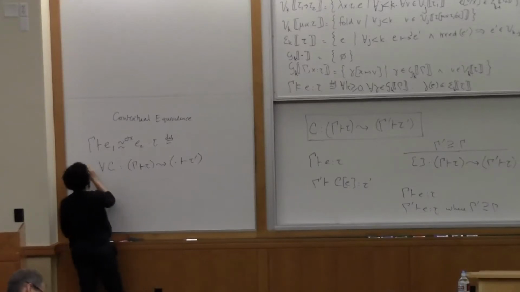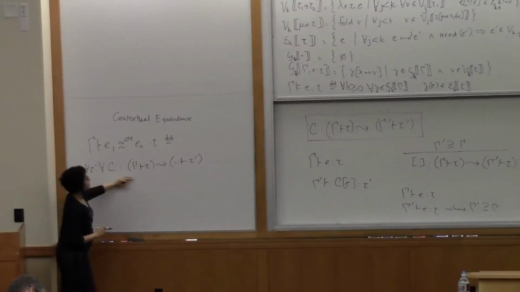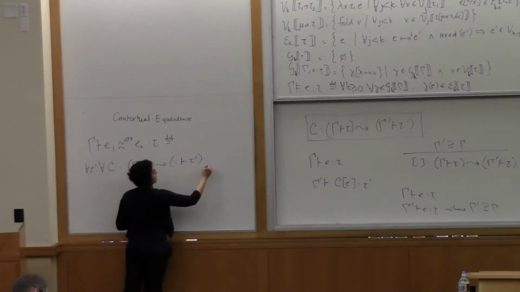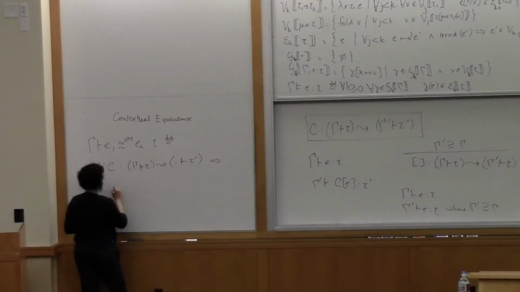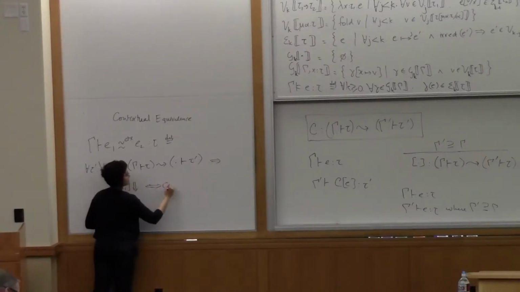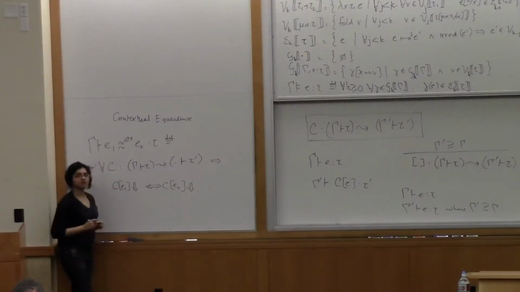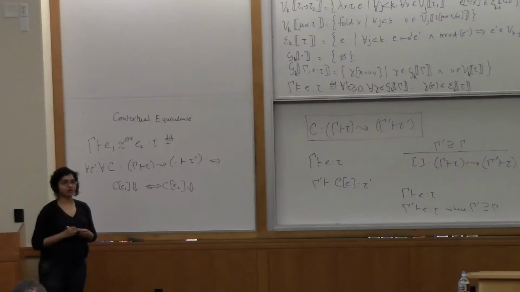I'll just write tau prime. So let's put a for all tau prime at the front here. So if you give me a context of this type, then if I plug C with E1, that terminates if and only if C with E2 does. Okay?